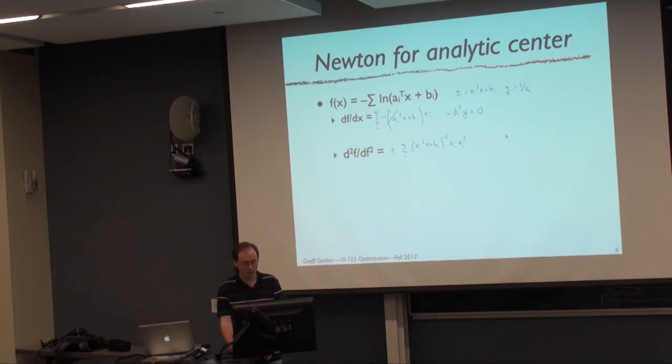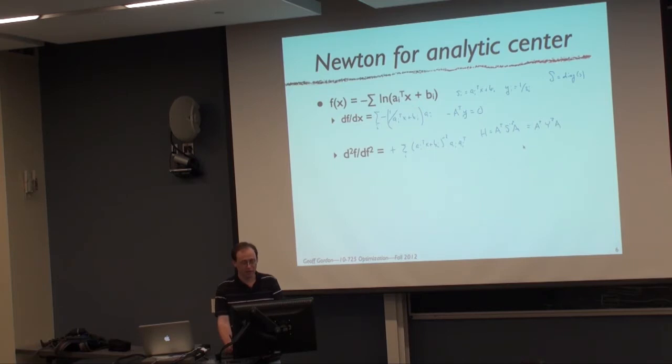And so using this same notation, we can write that as the Hessian is equal to A transpose, and I'll write capital S to be the matrix which has little s on the diagonal, so this is S to the minus 2 A. It's also equal to A transpose Y to the positive 2 A because y is 1 over s.